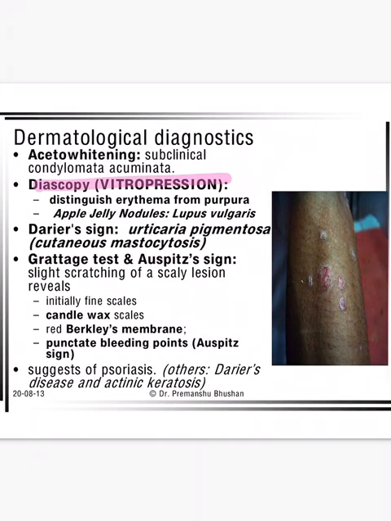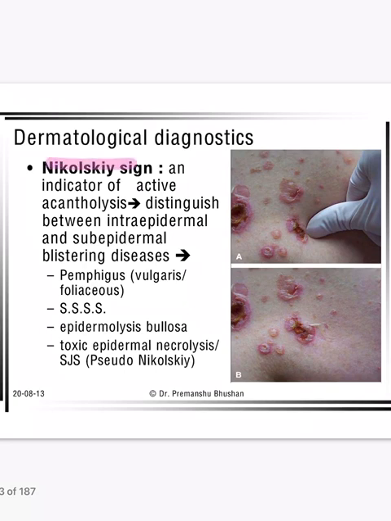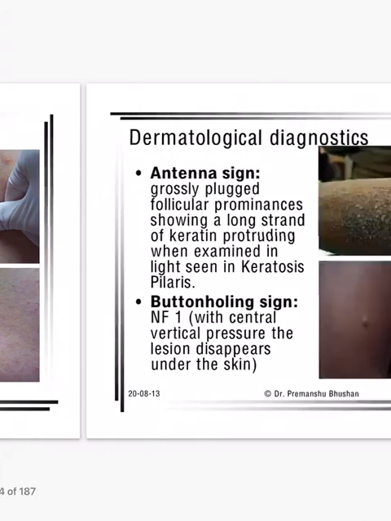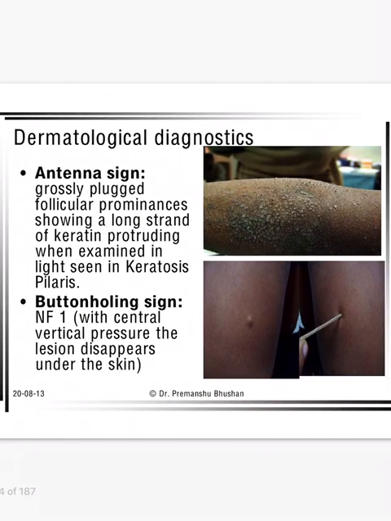Now if we talk about the diascopy finding, apple jelly nodules are seen in lupus vulgaris. Darier sign is seen in urticaria pigmentosa. Grattage test and Auspitz sign: we have candle grease scale, Bulkley membrane and Auspitz sign positive. Nikolsky sign is an indicator of active acantholysis. It distinguishes between intraepidermal and subepidermal disorders located superficially, like pemphigus vulgaris and foliaceus, and staphylococcal scalded skin syndrome.